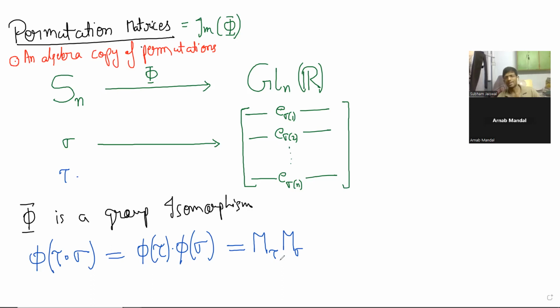Now we have to do something, right? Till now we are just writing this for sigma and tau. So we have to show that phi of tau composed with sigma equals M tau into N sigma. Right. But okay, that's the same thing; I was thinking how to show it.